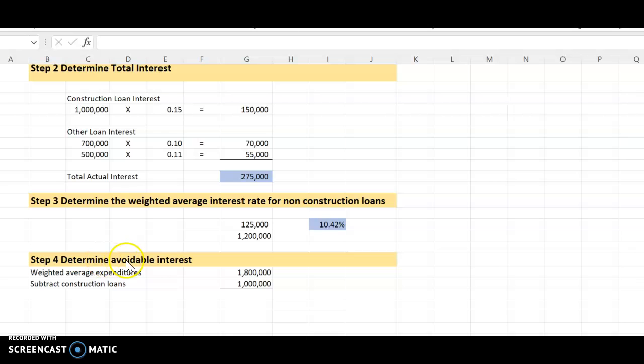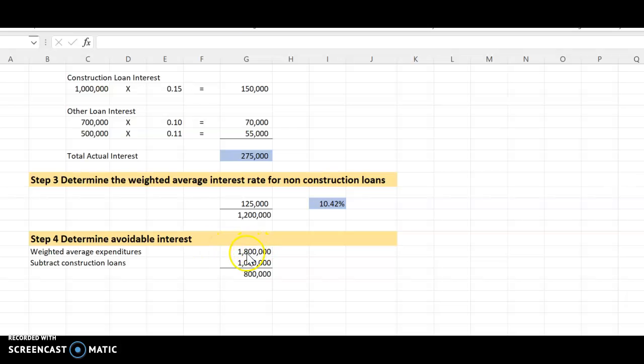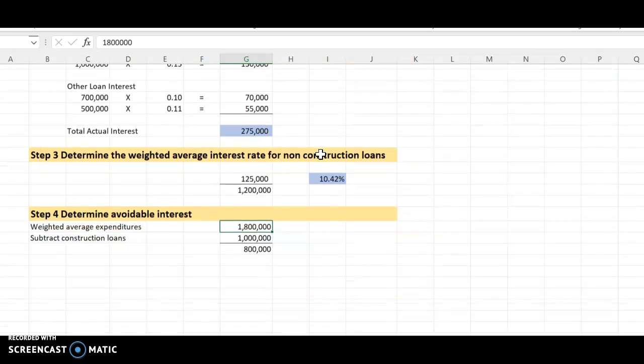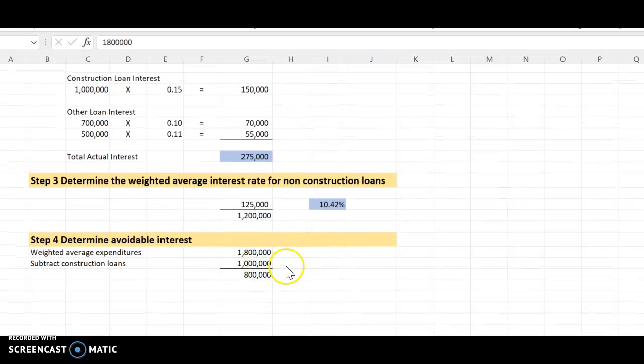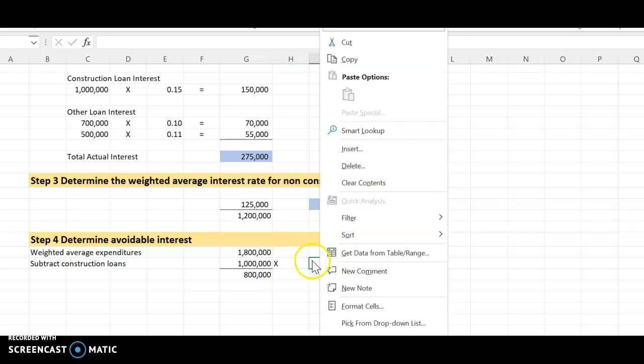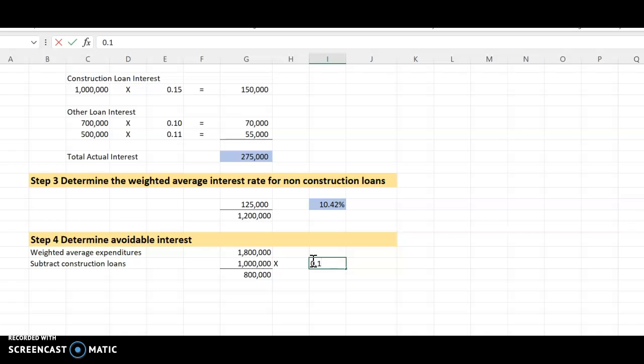Step 4 is to determine the avoidable interest. So we're going to take that weighted average expenditure, which in this problem was given to us in step 1, and we're going to take out the construction loan, and I believe that interest was 0.15 up there. So we take the interest of that loan.